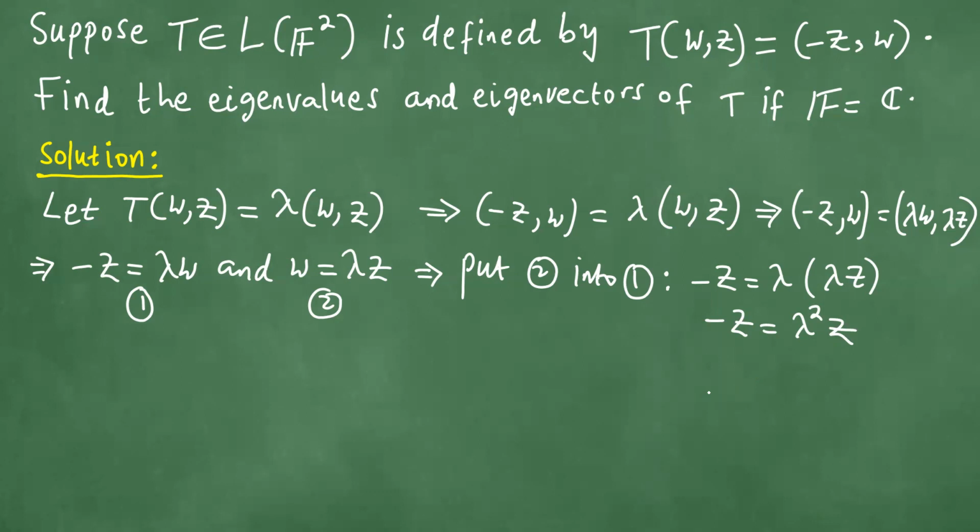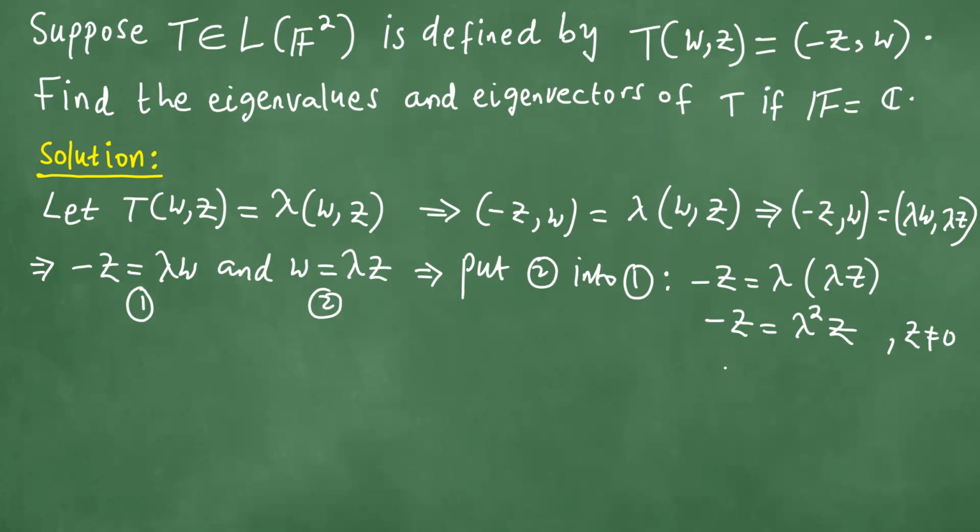We note that at this point Z is not 0, because if Z were 0, then W becomes 0 in equation 2, and that means we have a zero eigenvector, which is not the case.